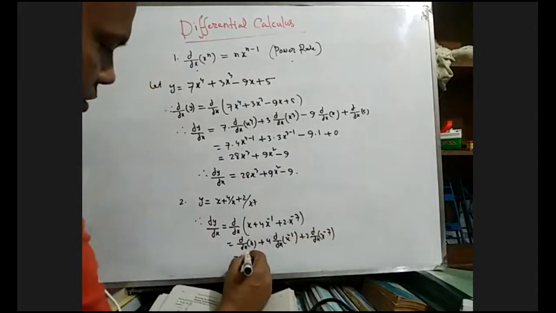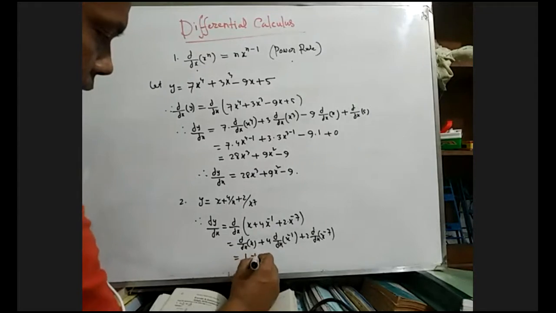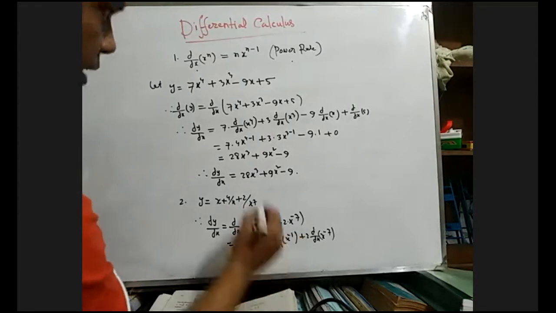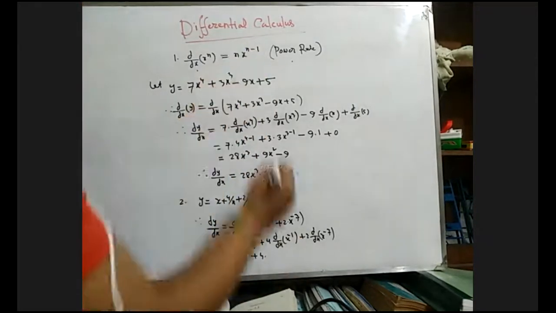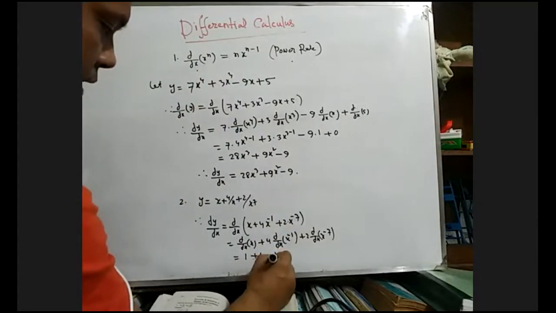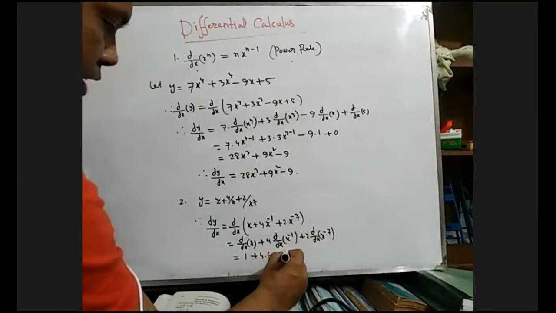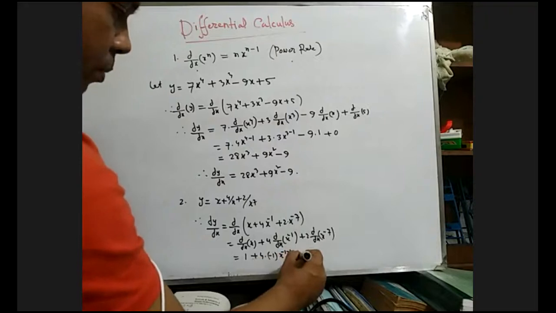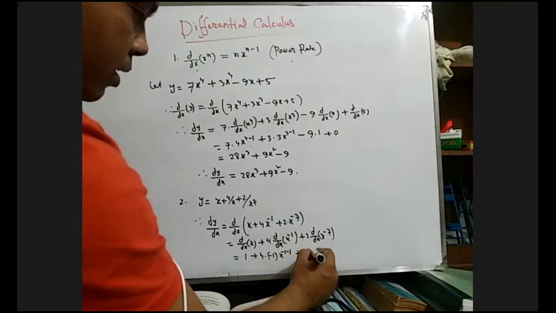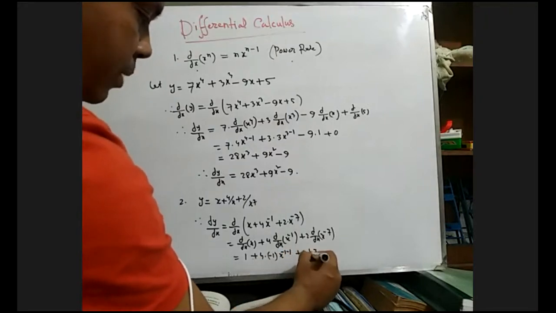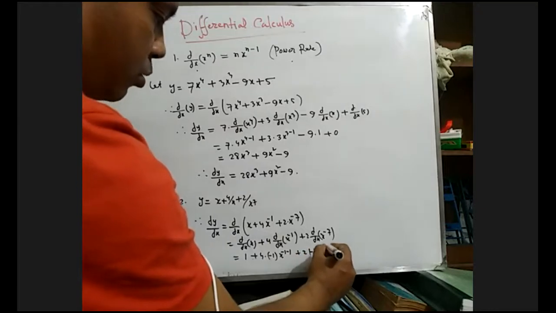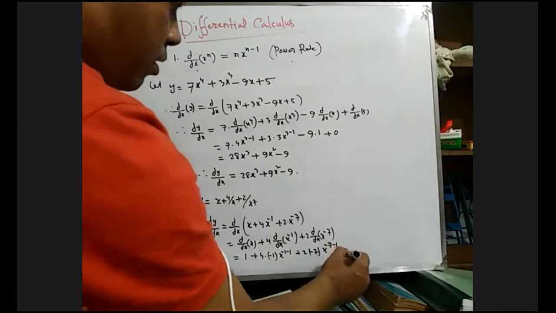So d/dx of x will be 1. Then for the 4, minus 1 is the n, so minus 4 into x to the power minus 1 minus 1. Plus 2 into n, which is minus 7, x to the power minus 7 minus 1.